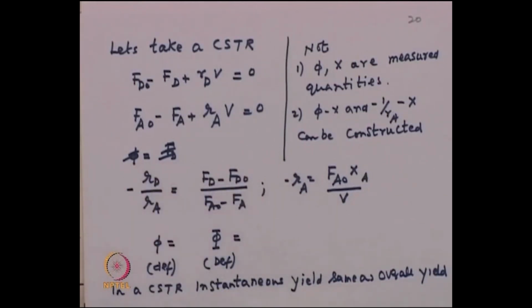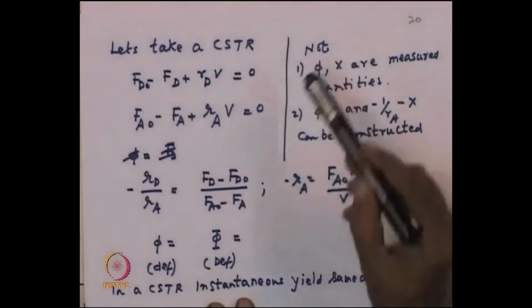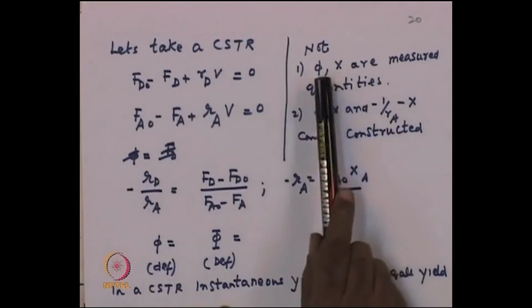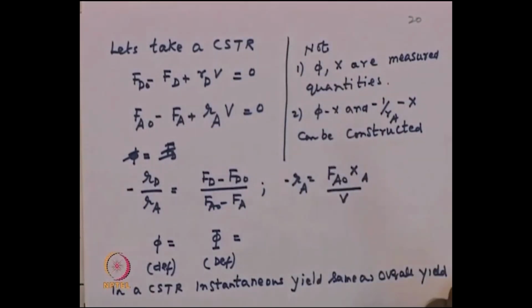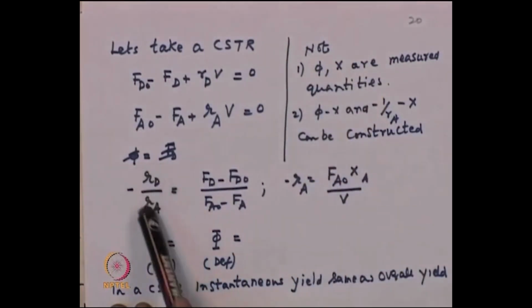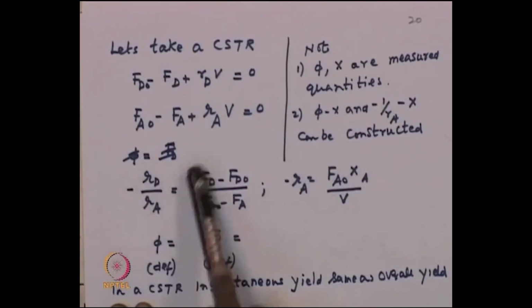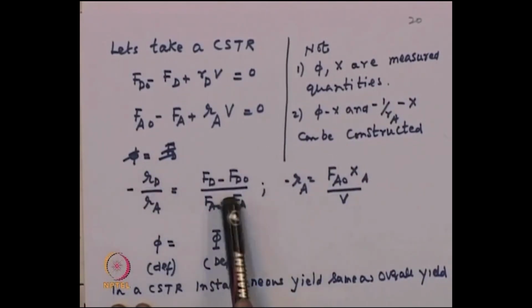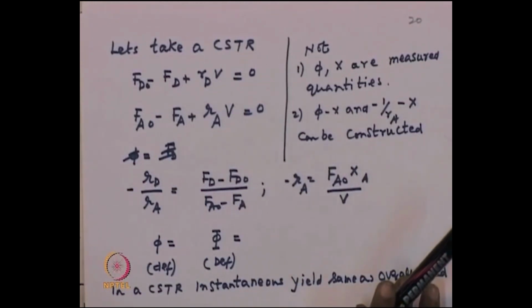Therefore, I can make a plot of phi versus x. If I want phi versus x data, I would run a CSTR experiment. Is this clear to all of us? Because CSTR directly gives me phi, and this gives you x also. So, CSTR gives you good data on instantaneous yield versus conversion.